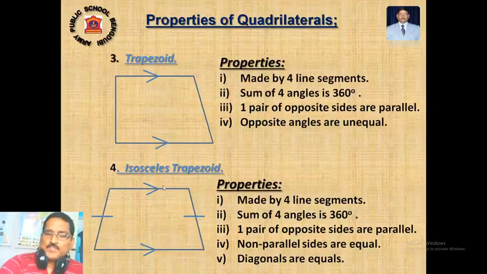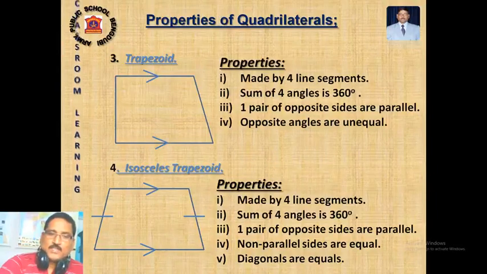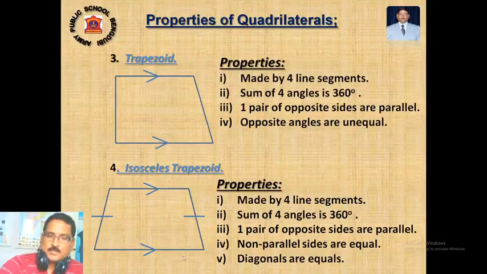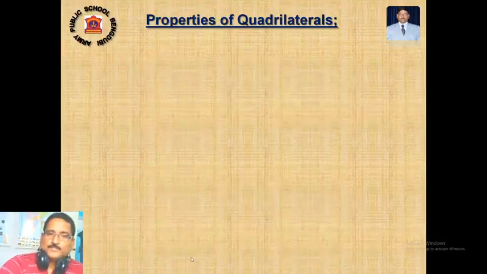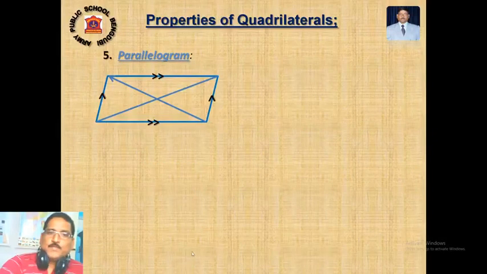One pair of opposite sides parallel and non-parallel sides equal, then it will be an isosceles trapezium. In an isosceles trapezium, if I draw the diagonals, the diagonals will be equal, but they are not bisected equally.